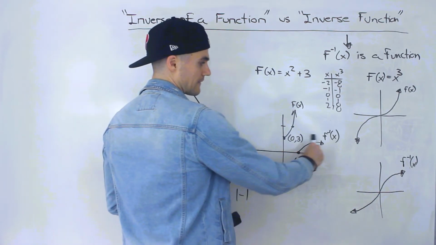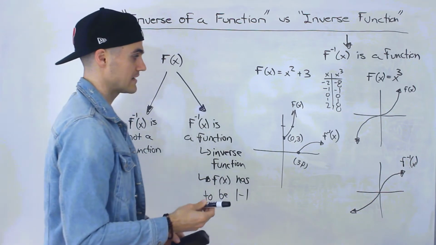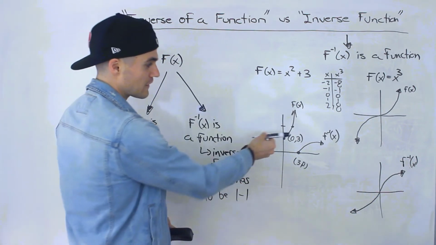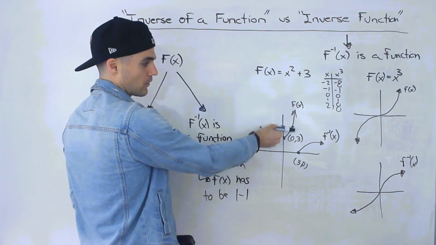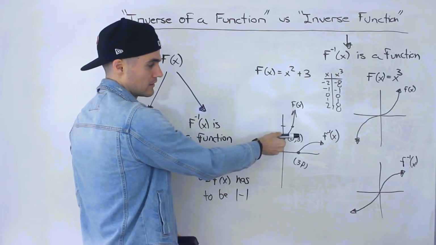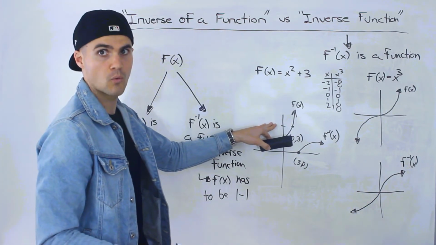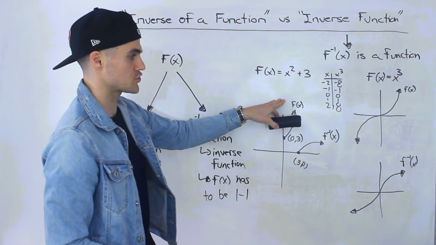Notice now that the inverse is a function. It passes that vertical line test, and at the same time the function is now one-to-one because it passes the horizontal line test when we restrict its domain. There are not multiple x values for a single y value anymore in the original function.